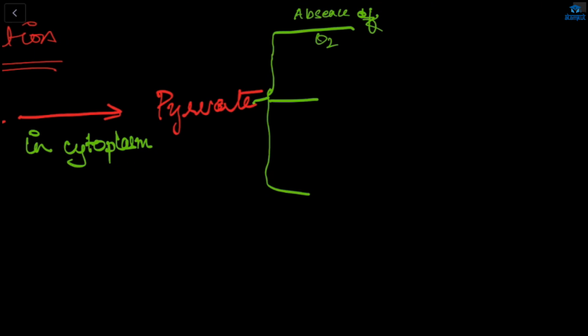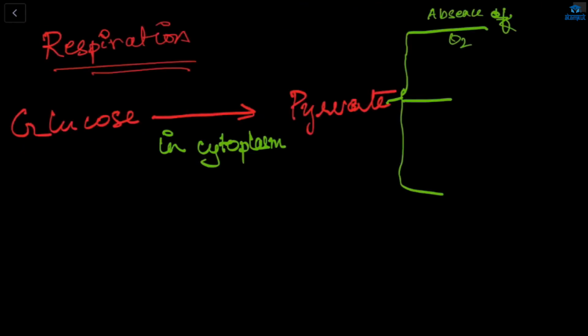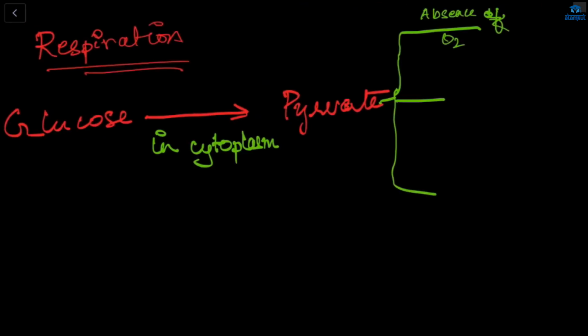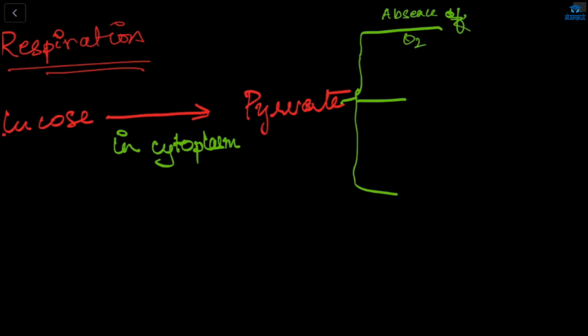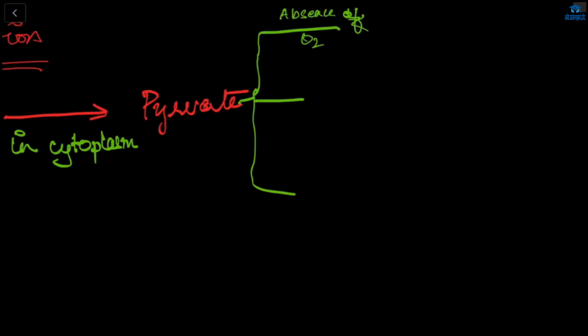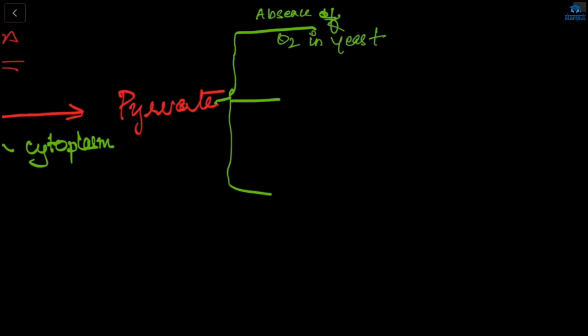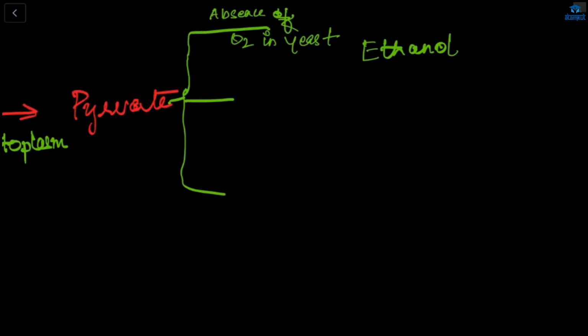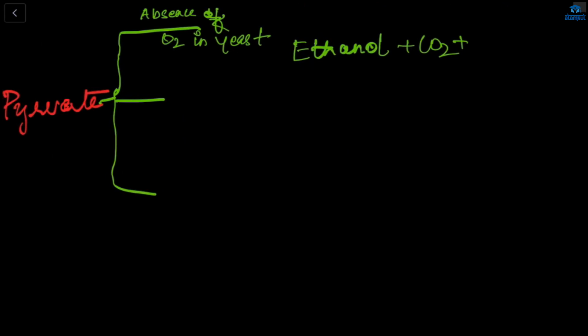Shazan, you're there. So what is happening here is glucose is broken down into pyruvate in the cytoplasm. So in yeast, in the absence of oxygen, this pyruvate will be further broken down into ethanol, carbon dioxide, and energy.